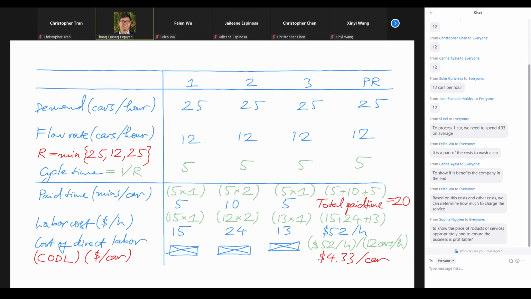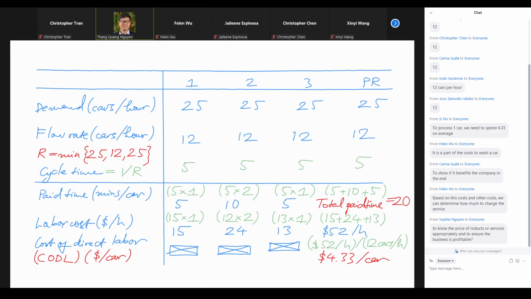So we need to look at our own cost, our own desire for the profit margin, but then we also look at what other car wash facilities charge the customers, right? So that you will come up with a so-called optimal charge for you. Not too much, because that will be hard to compete with the competitors. But should not be too little, because too little will cut into your own profit, right?